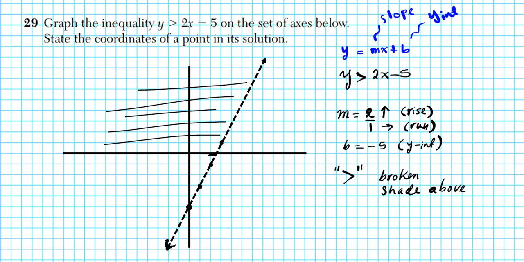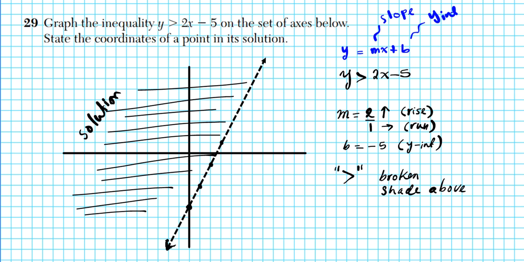This entire region is our solution region. What does it mean to have a solution region? Any coordinate pair that falls in this region qualifies as a solution. Okay? So we have to state the coordinates of a point in its solution, just any point.